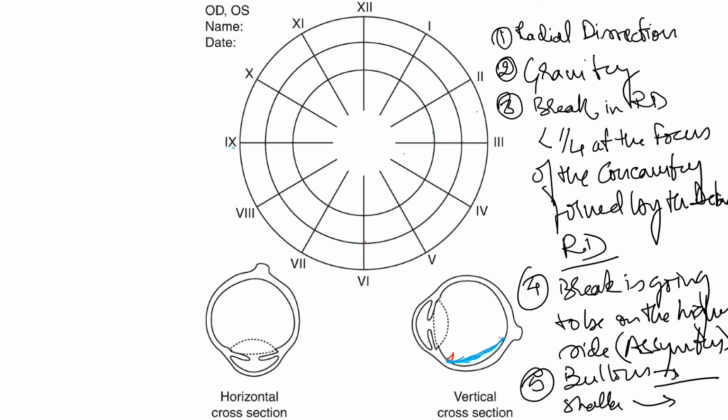And a flap tear in any shape, whether it is tongue shaped, arrowhead, V shaped or horseshoe shaped tear, these all will have a larger amount of SRF collected, so they will usually present earlier with bullous detachment.